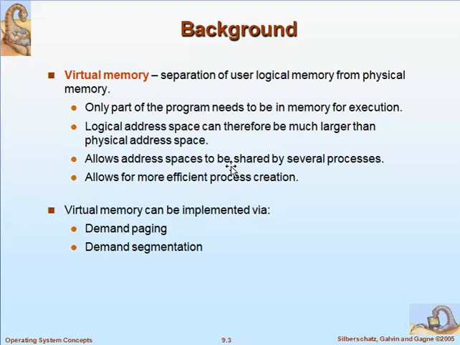In many instances, a certain part of the program is rarely used. For example, a certain piece of code handles some unusual error condition. The unusual error condition itself is very rare, and we have code for handling that, but that particular code is required rarely.